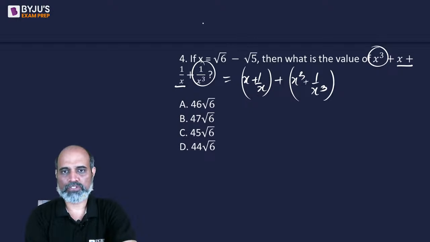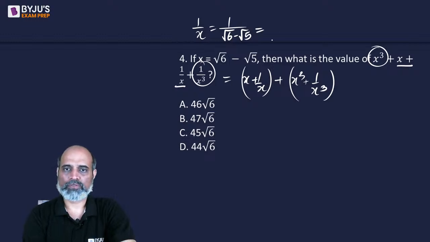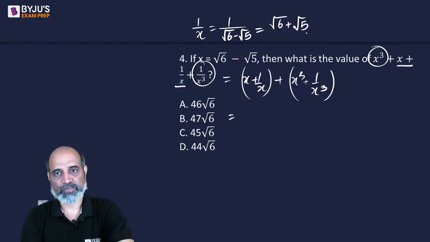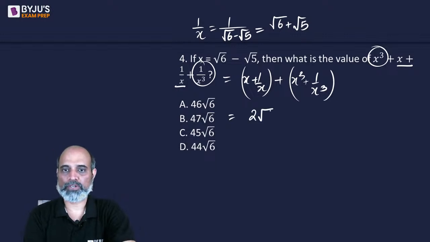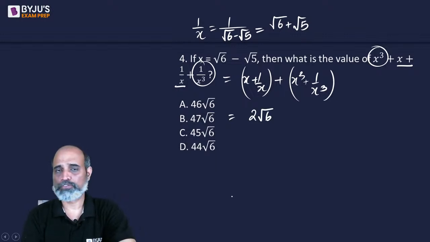If x is root 6 minus root 5, then 1 by x will be 1 by root 6 minus root 5. If we rationalize it, we will get root 6 plus root 5, such that x plus 1 by x is root 6 minus root 5 plus root 6 plus root 5, which is going to be 2 under root 6. Right? Root 5 and minus root 5 will cancel out.